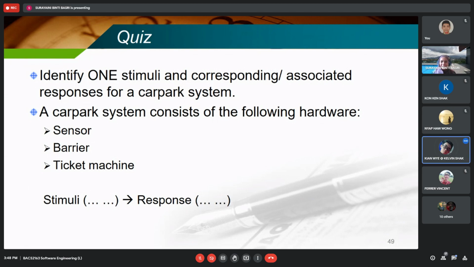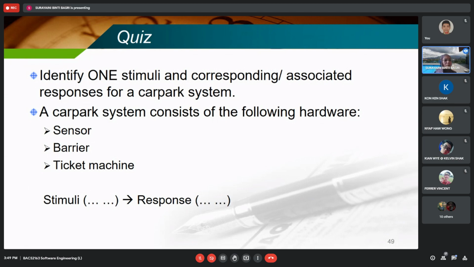Right. So it is not from where you get the car park space. It starts from when you press the ticket button. That one also is a trigger. Barrier.